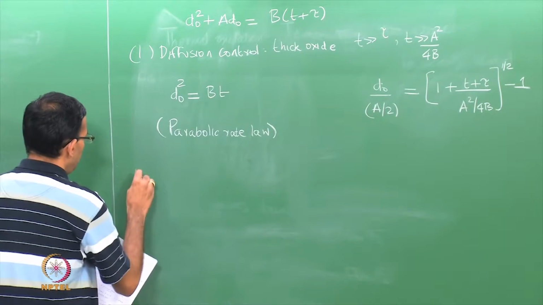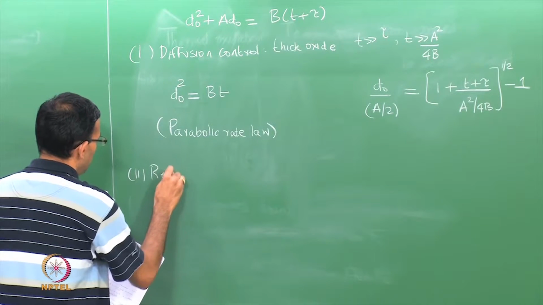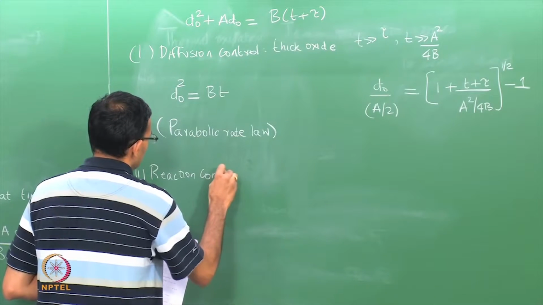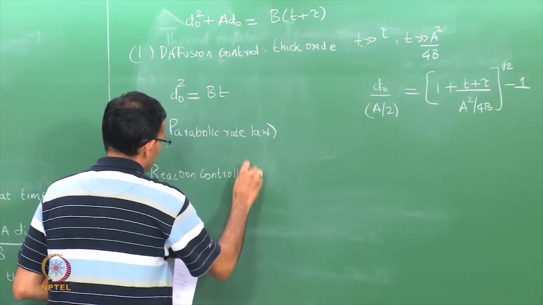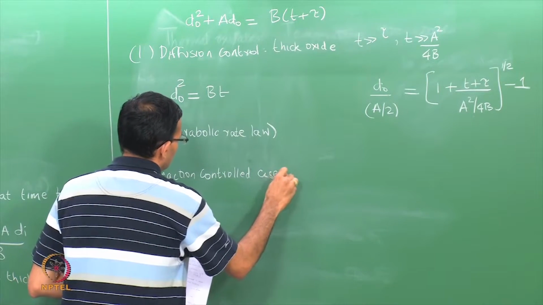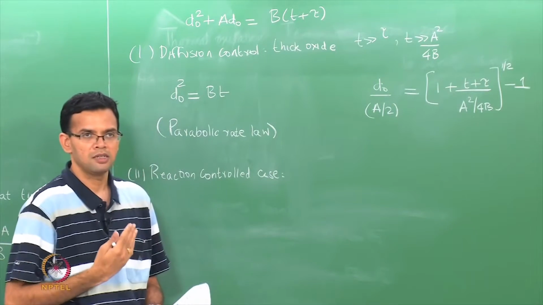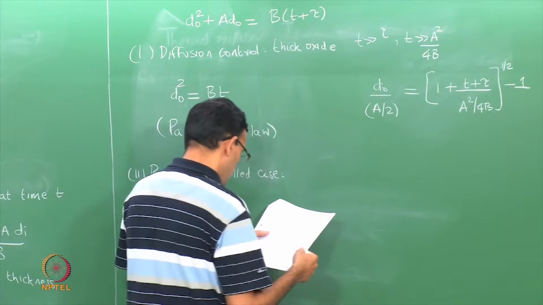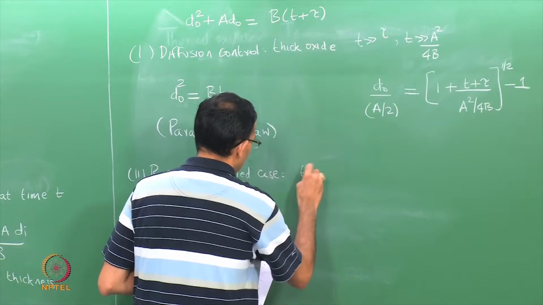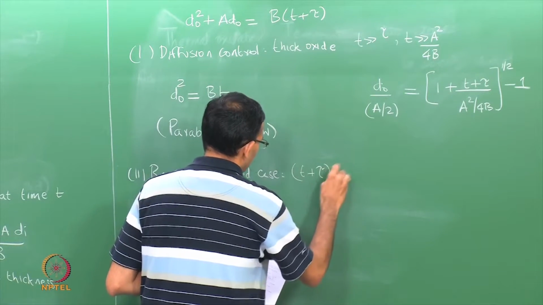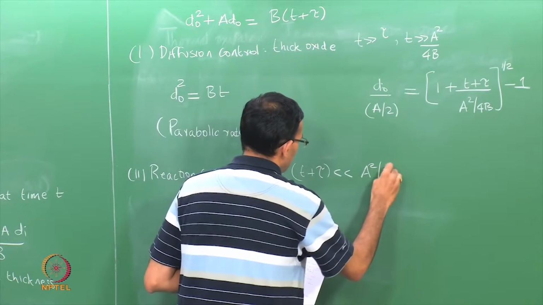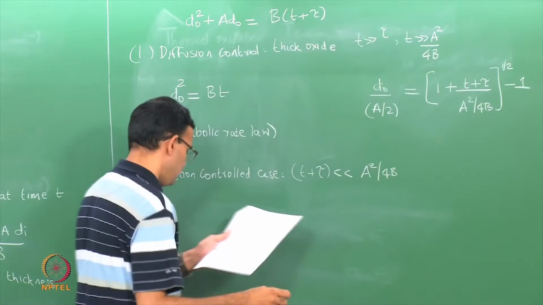On the other hand, when you have a reaction control case, here the diffusion is fast, but the reaction with the silicon is slow. So, in this particular case, T plus tau is much smaller than A square over 4B.